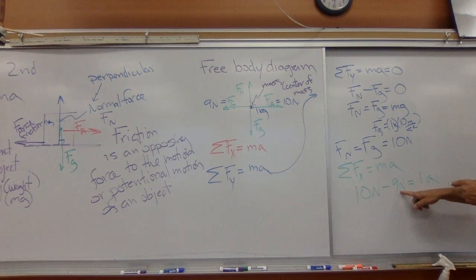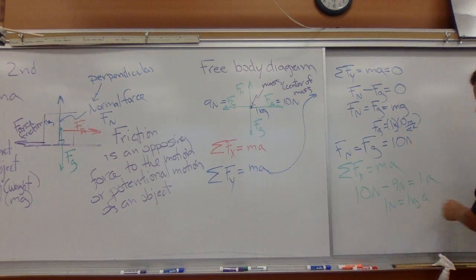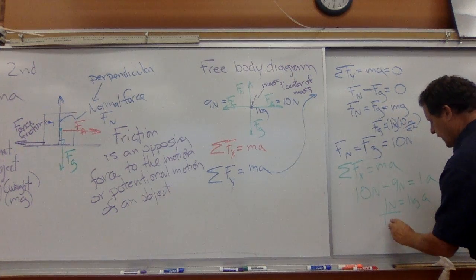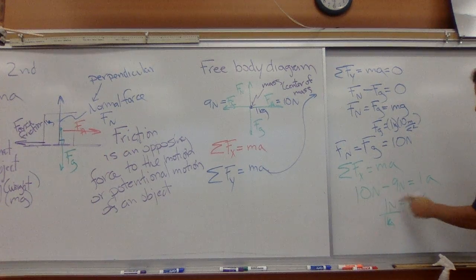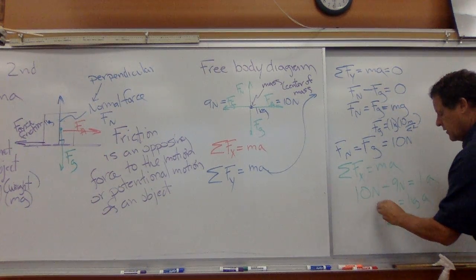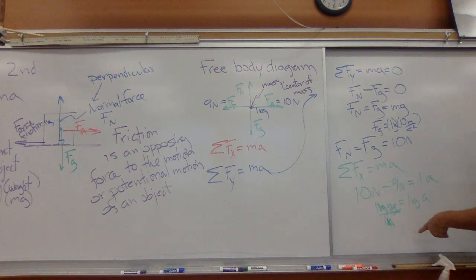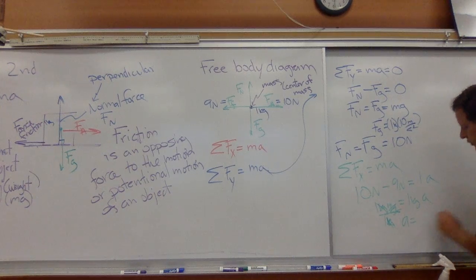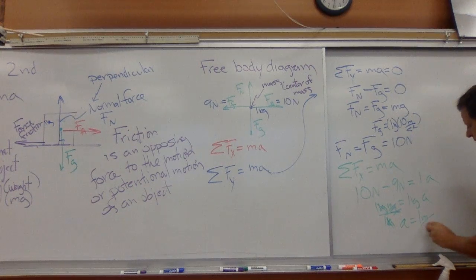So 10 minus 9 is 1 newton, equal to 1 kilogram times a. We divide both sides by 1 kilogram. You will probably remember that a newton is a kilogram meter per second squared. So in this case, our kilograms will cancel out, and our acceleration is equal to 1 meter per second squared.